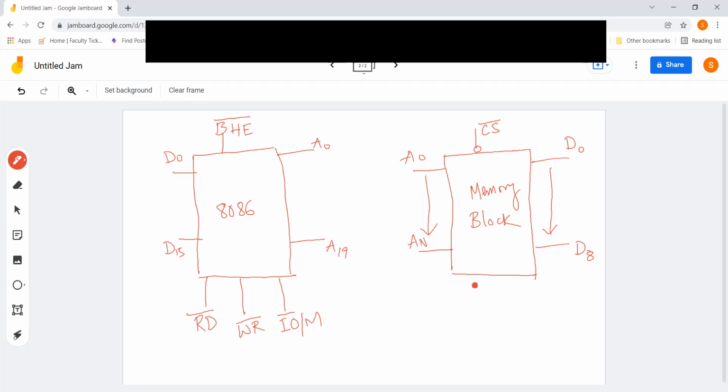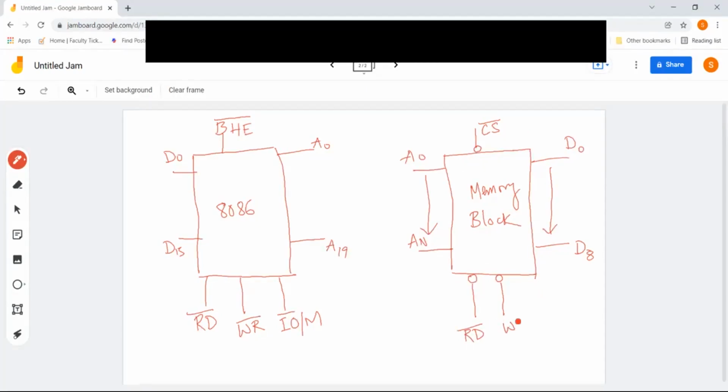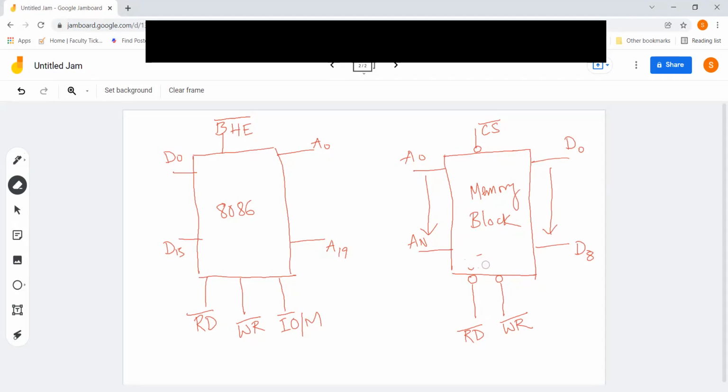Apart from that, there will be control lines. Please note this: if it is a RAM chip, it will have two control lines, read bar and write bar.